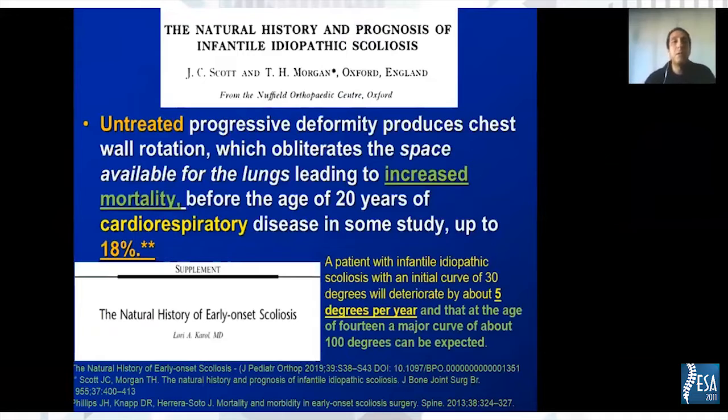But it's important to understand that the natural history of early onset scoliosis is very different than the adolescent idiopathic type. Some early natural history papers found that cardiopulmonary complications can cause as high as 18% mortality rates in this patient population, with a high progressive curve of almost 5 degrees per year.